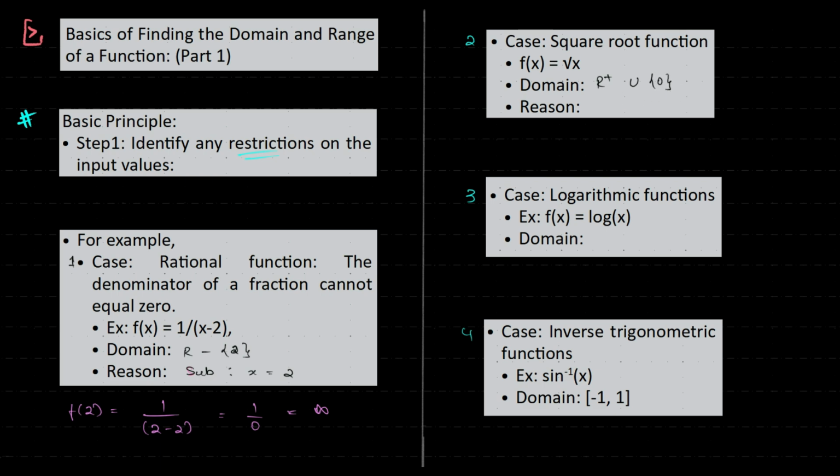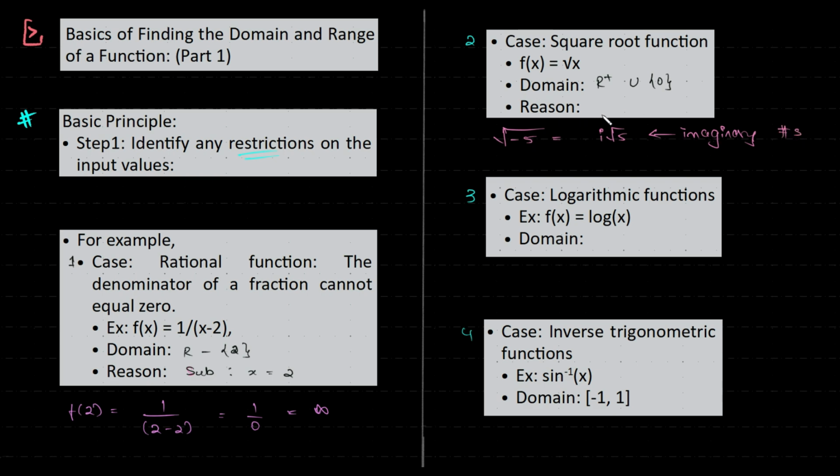The reason being, if I take the square root of minus 5, what is this? This is nothing but i root of 5. Oh yeah, sorry, you guys don't know this. So this is nothing but imaginary numbers. If I take the square root of any negative number, I end up with something called imaginary numbers.